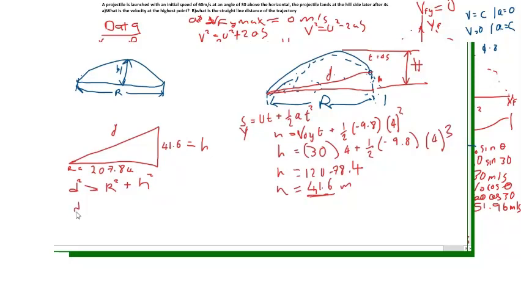Then doing that, this d will equal this r, which is 207.84 squared plus 41.6 squared. Your distance is now equal to 211.96 meters. So this is your answer, the one expected.